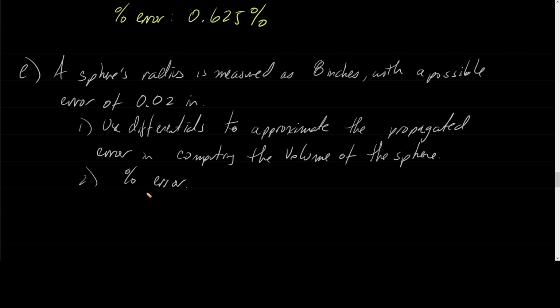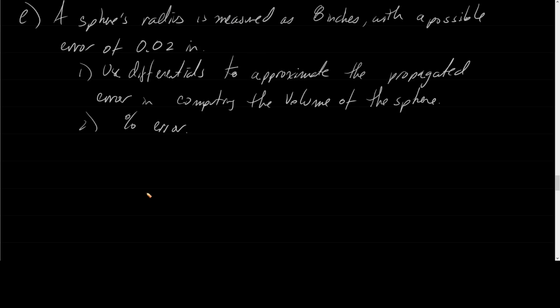A sphere's radius. Alright, so we're working with a sphere. So here's our, oh, that's that awful looking sphere. Let's do it better. Way better. So that's our sphere. And what we're saying here is that we measure the radius from the center to the edge.